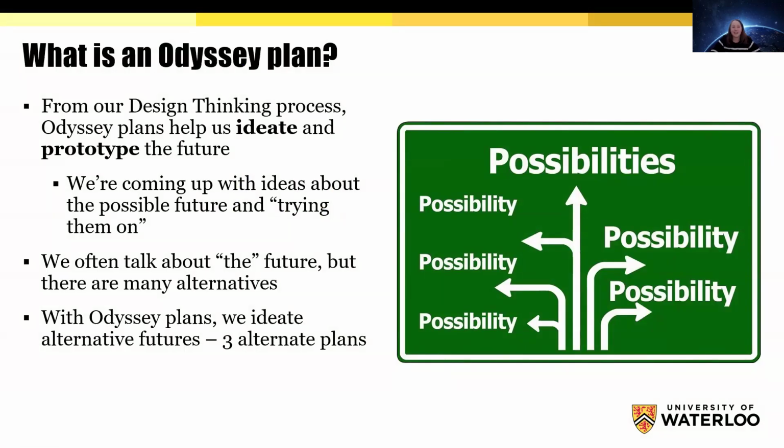An Odyssey plan takes the design thinking process and helps us with the idea and prototype features of design thinking to create prototypes for our future. So basically, we're coming up with ideas about potential futures and then trying them on in our brains.